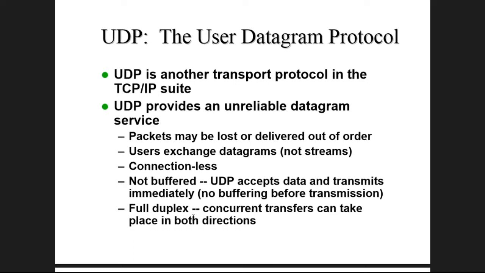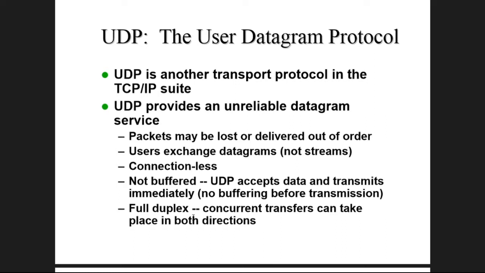The order of those segments can be disordered, or the packets you are sending can be lost. You cannot rely on it. You don't have any facility to know whether the packets were actually received or not. So packets may be lost and delivered out of order.